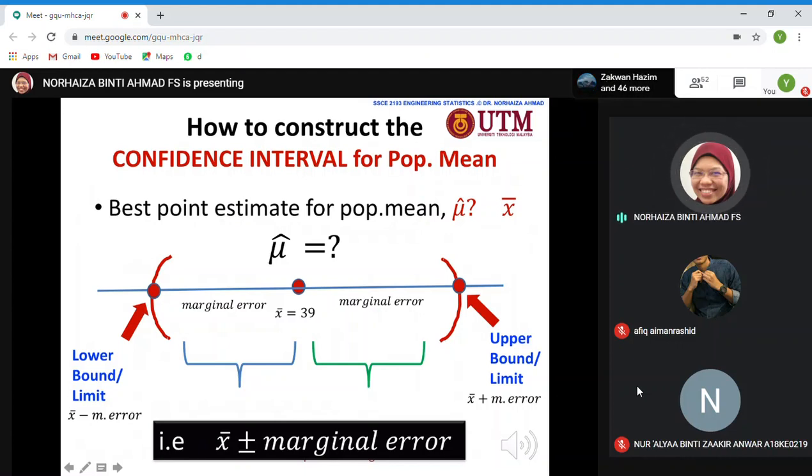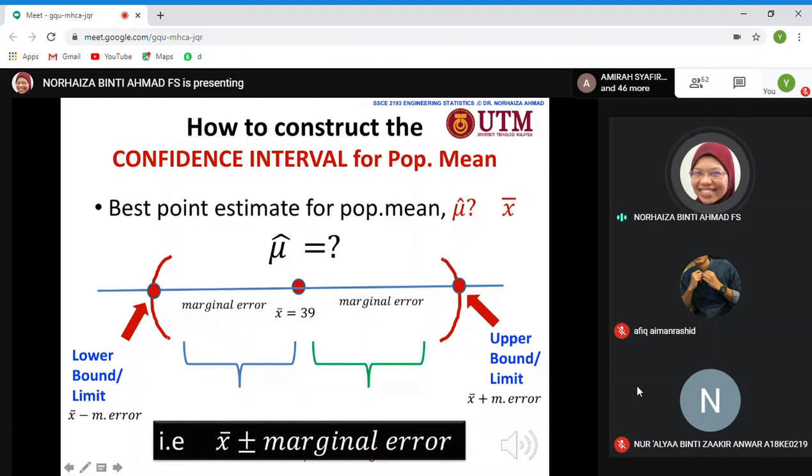So this is going to be X bar plus minus some marginal error. Marginal error, that means to the left is going to be the same distance as to the right. So therefore you have X bar minus the marginal error and X bar plus the marginal error, where the marginal error has the same length.